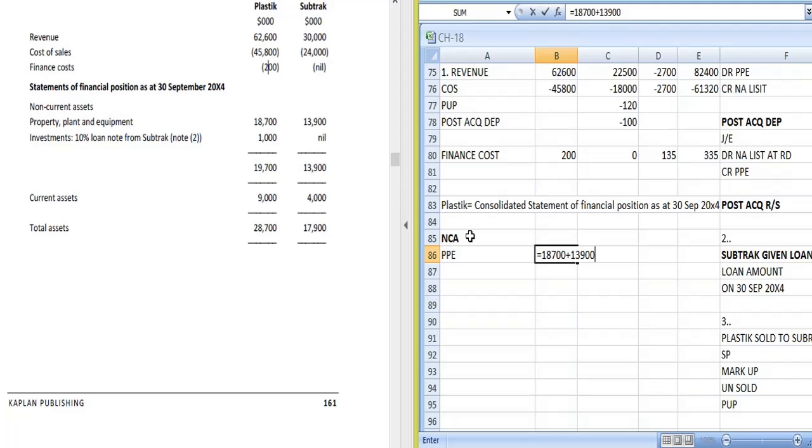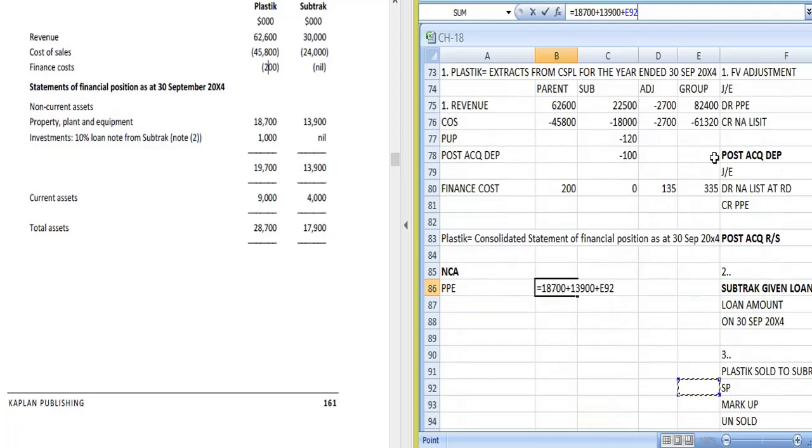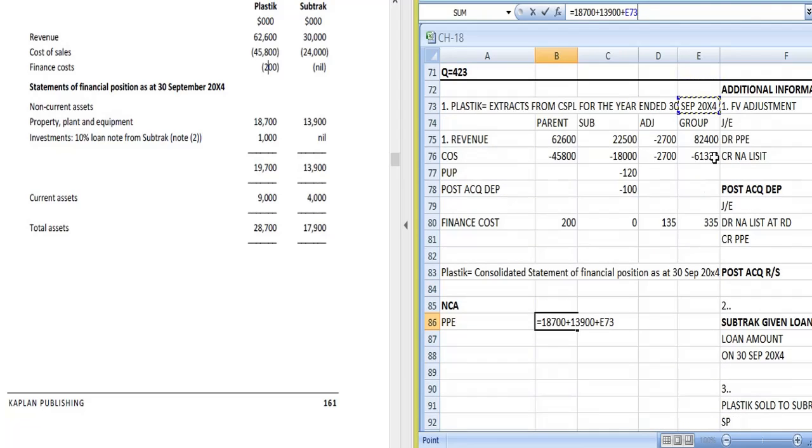We don't have to do this in the case of the financial position. Just add line by line, nothing else. And one more thing we need to adjust here is the fair value adjustment and post-acquisition depreciation, which we have mentioned in the additional information. Fair value adjustment is 4,000.